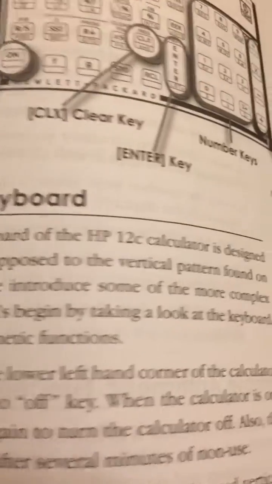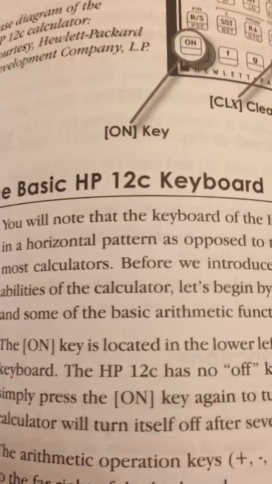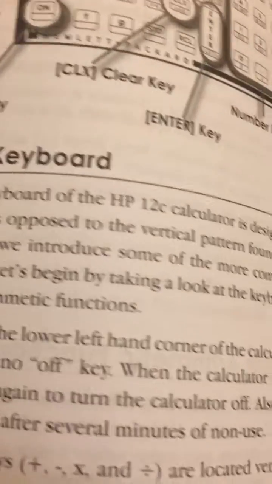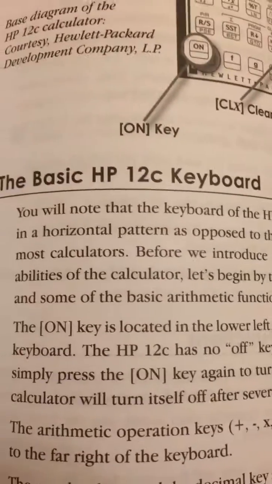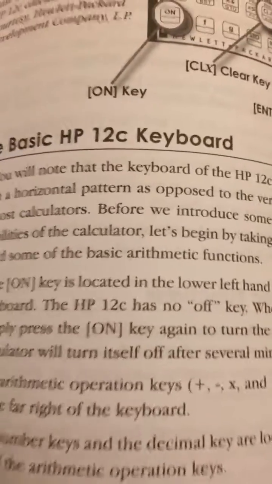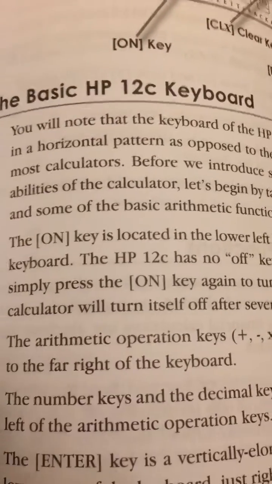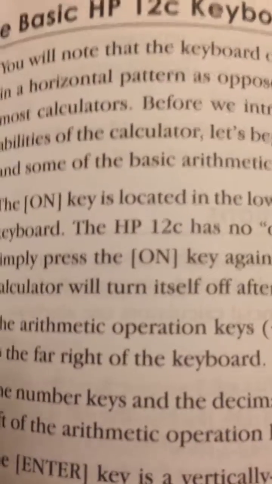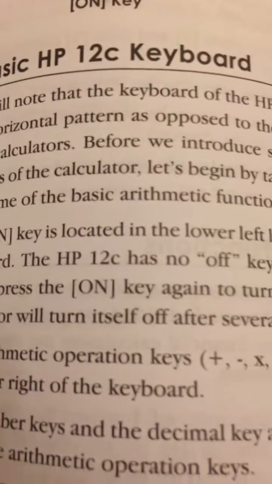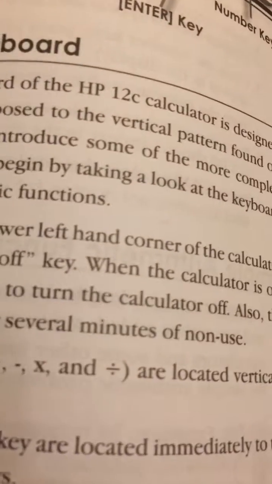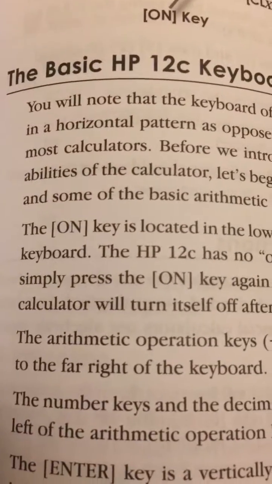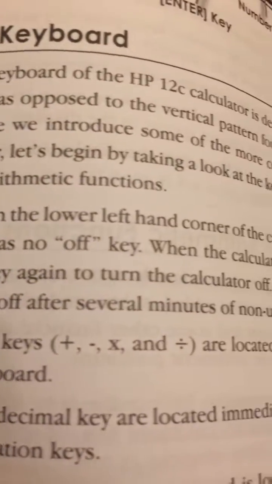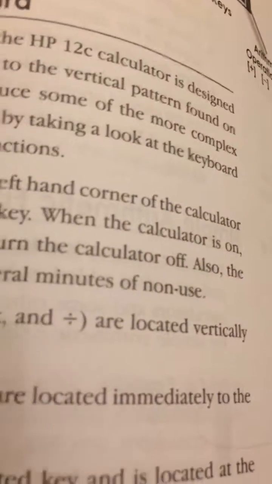Before we introduce some of the more complex abilities of the calculator, let's begin by taking a look at the keyboard and some of the basic arithmetic functions. The on key is located in the lower left-hand corner of the calculator keyboard. The HP12C has no off key. When the calculator is on, simply press the on key again to turn the calculator off.